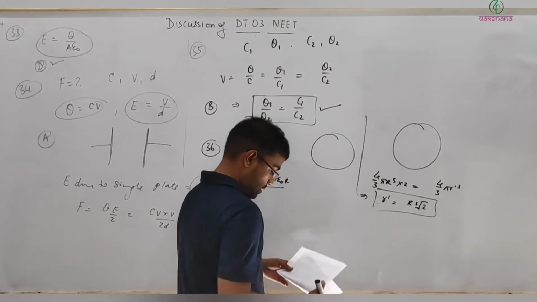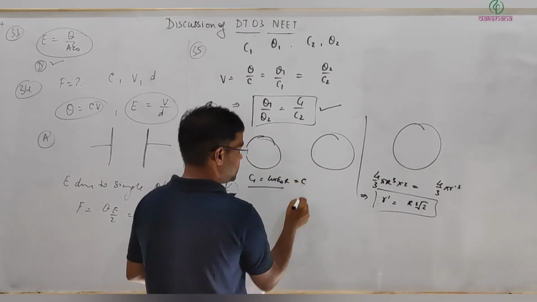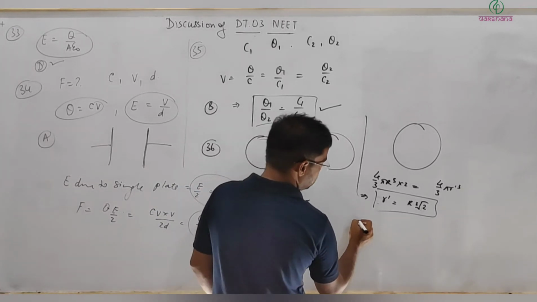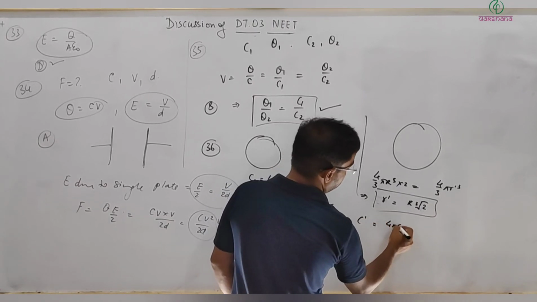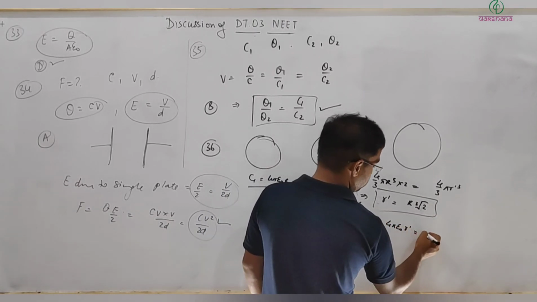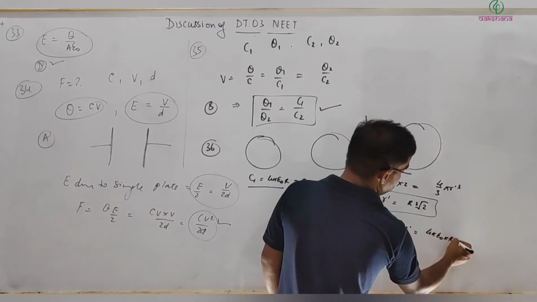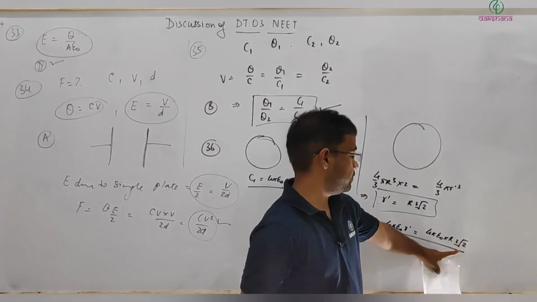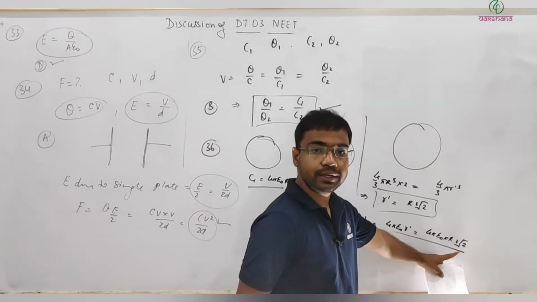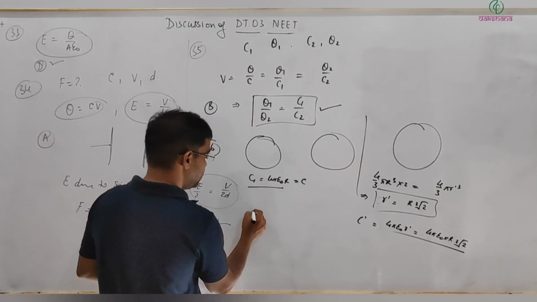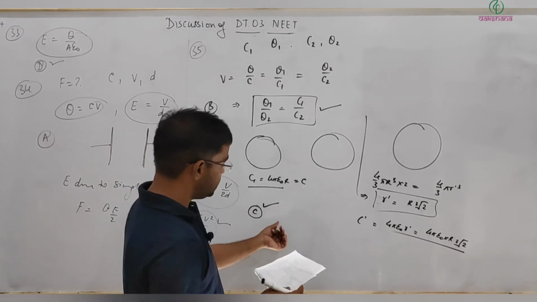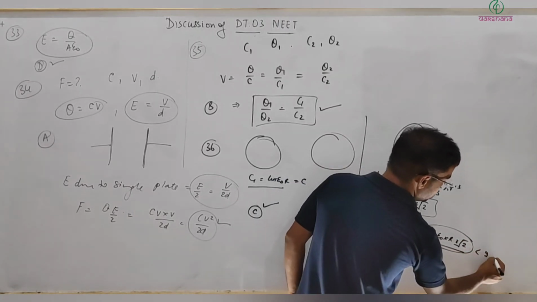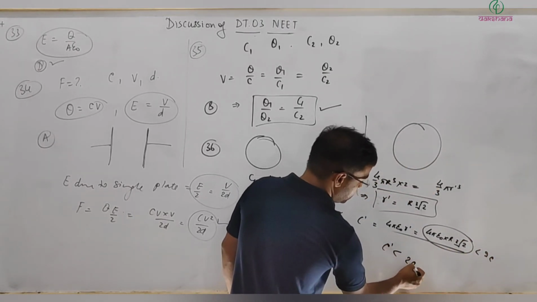Now it's asking for the resultant capacitance. C resultant will be 4 pi epsilon naught into R prime, which comes out to be 4 pi epsilon naught into R into cube root of 2. This quantity is definitely less than 2 and greater than 1. So the answer here is that C prime is less than 2C and greater than C.